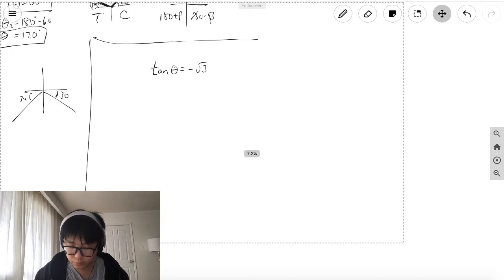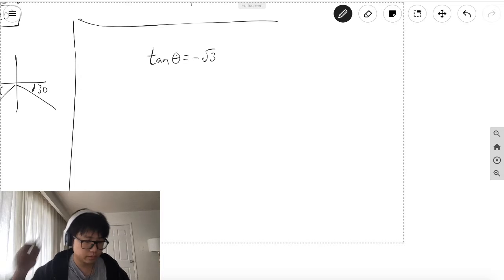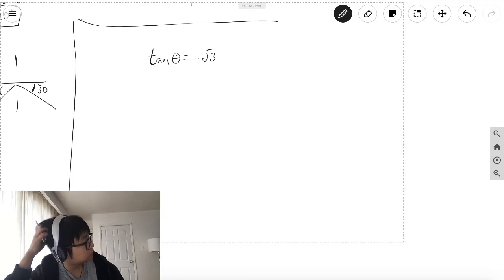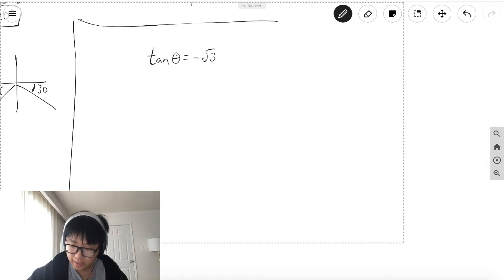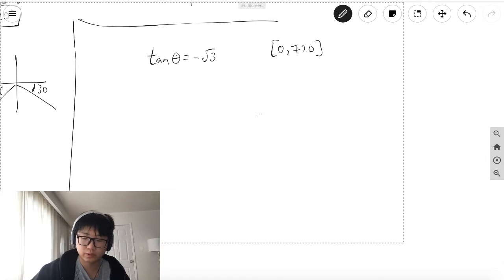Yeah, so your first move, sorry, I kept moving around. And I need to specify, I'll teach you how to do the full solution. And actually I'm going to make it a little bit different as well. I'll make it 0 to 720.